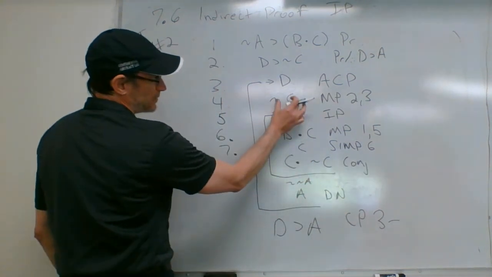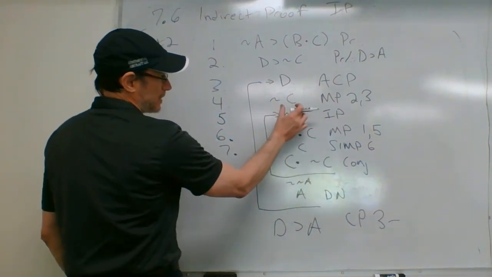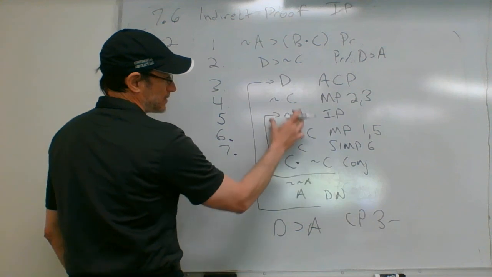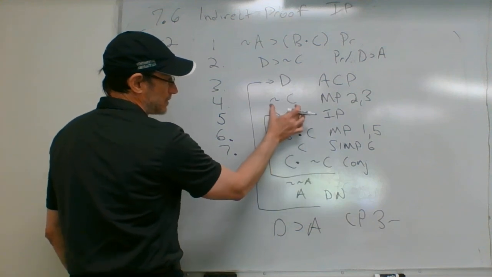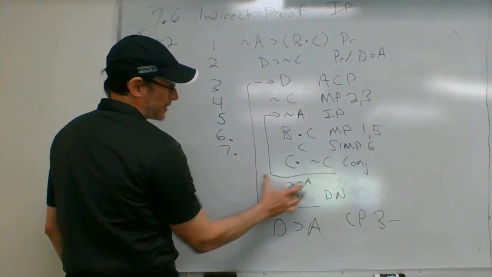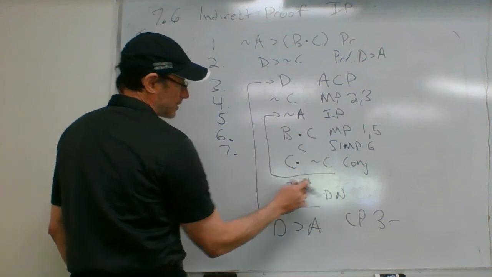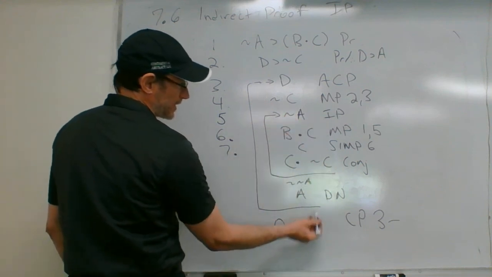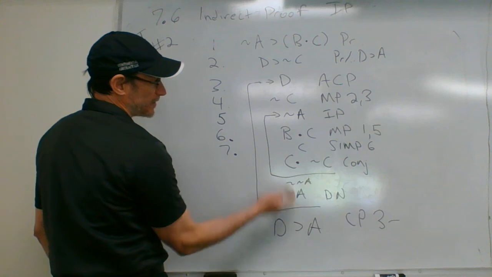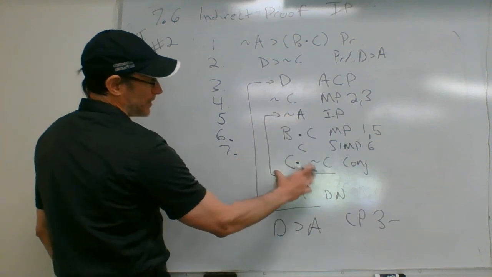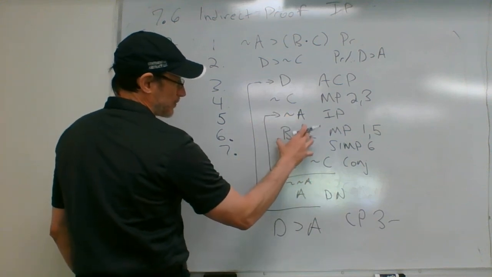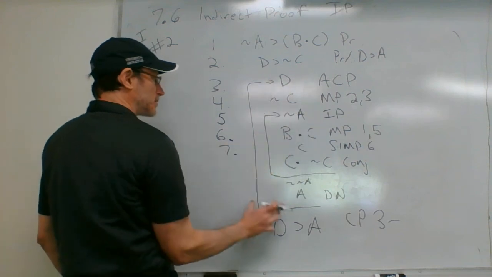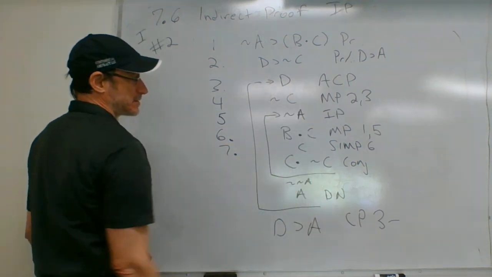See, I am allowed to use C because C is inside a scope marker, but I'm still inside that scope marker. Once the scope marker for C not C got cut off, I wouldn't be able to use it. But even though I'm in this scope marker, this whole thing is inside this scope marker, and not C is included in there.